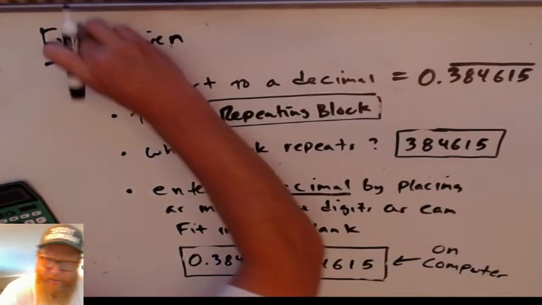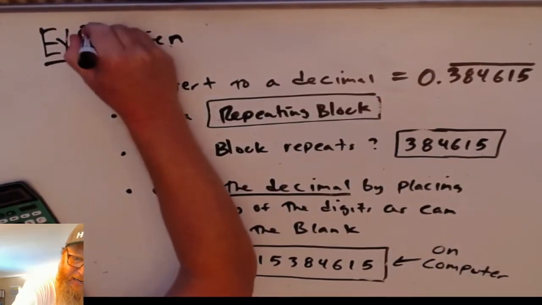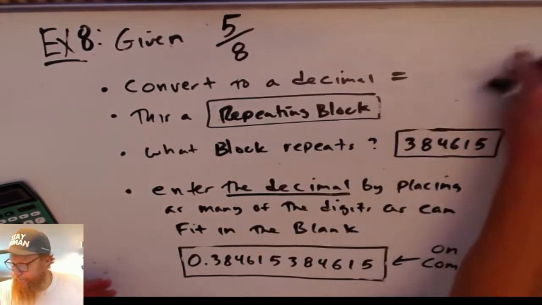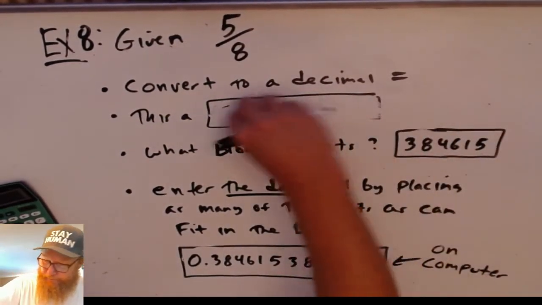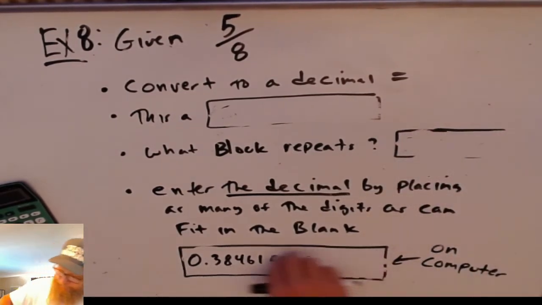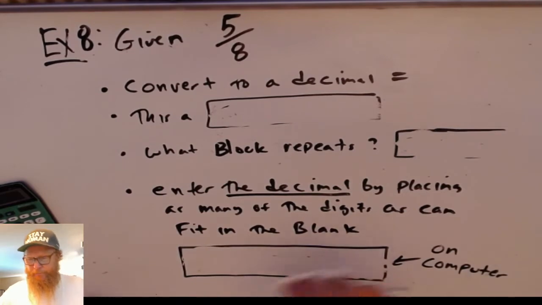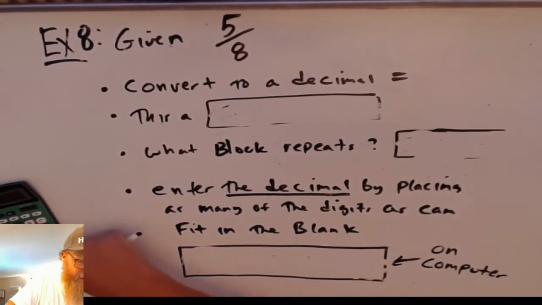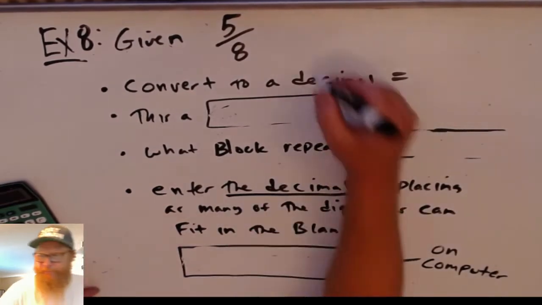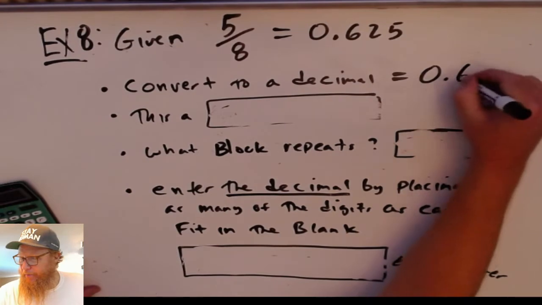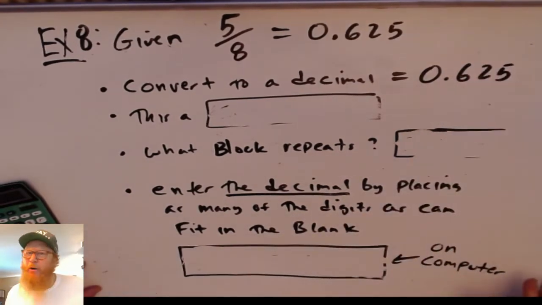How about example 8? 5/8. So 5/8. 5 divided by 8 is 0.625. Yeah, no repetition.